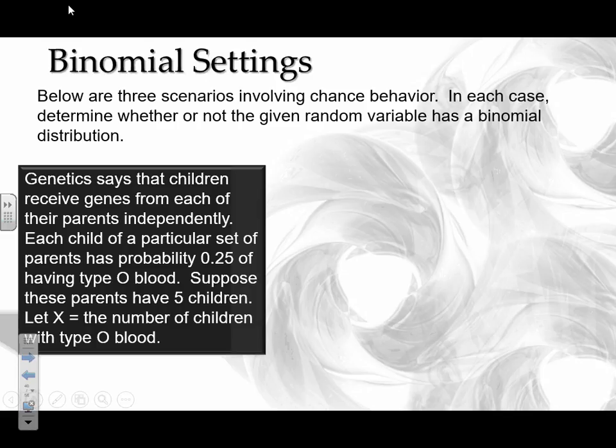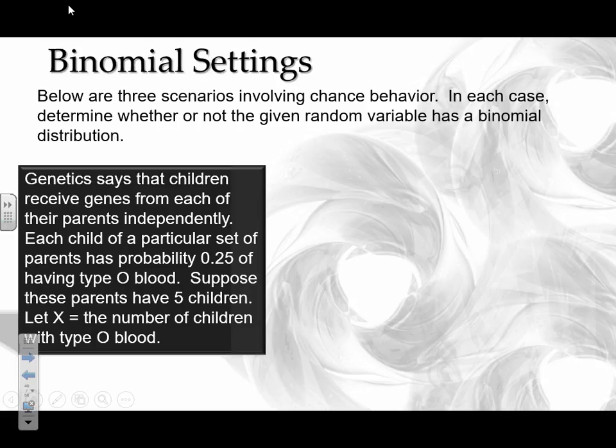So what's the very first condition that needs to be met? Two specific outcomes. Do we have 2 specific outcomes here? Yeah, what would a success look like? The kid has type O. What would a fail look like? Kid does not have type O. Now, don't get confused with the fact that there are more than 2 blood types.